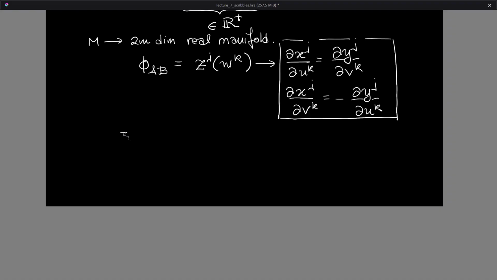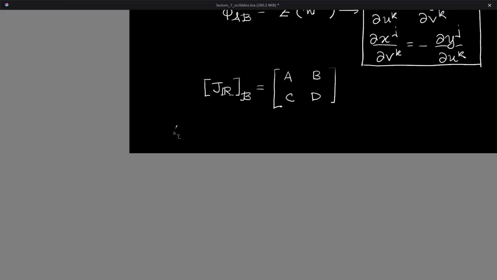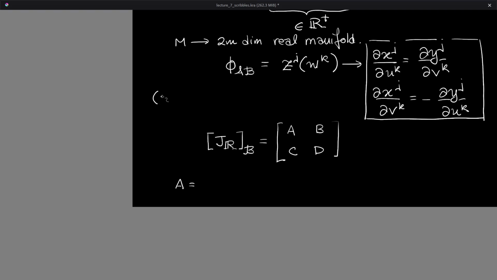Okay, so then we can write the real Jacobian, in the basis B, as a block matrix A, B, C, D. Each of these is a block, a submatrix. So there's an ordered basis here: x_1 dot dot dot x_m, y_1 dot dot dot y_m.